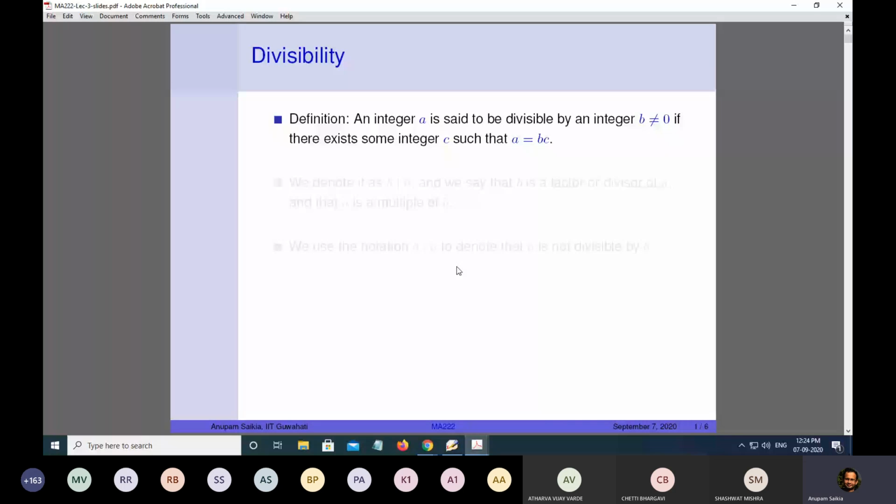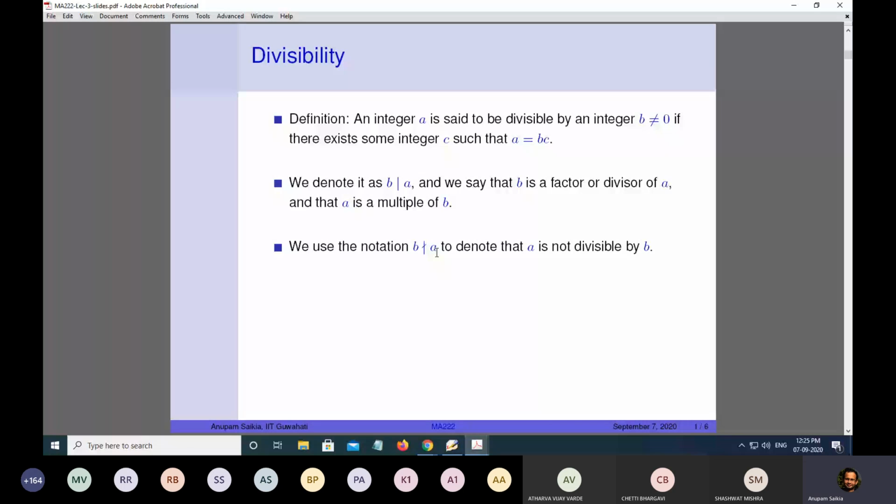We use this symbol: B divides A. Or we can say that B is a factor or divisor of A, and A is a multiple of B. These are all familiar terminology. And of course, we will use this notation: B does not divide A, that is, A is not divisible by B.